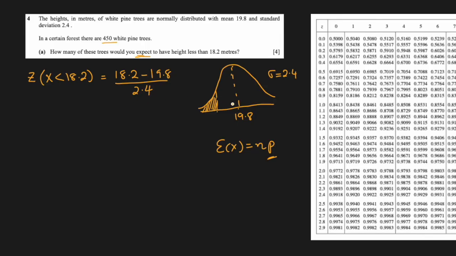This is how we find how many standard deviations it is away from the mean. So it will be minus 1.6 over 2.4, which is 2/3. So 2/3 is minus 0.6667. This is the z-score, but it is negative, right?